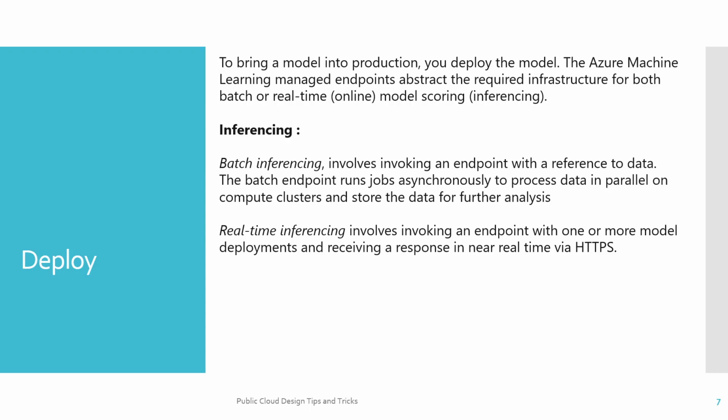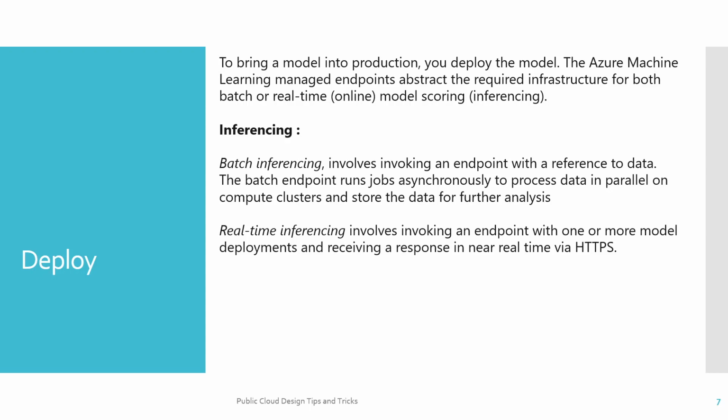That is also called inferencing, where you enrich the model by providing other datasets to get the necessary output. Based on the technique you are using, it's either batch or real time. So that's called batch inferencing and real-time inferencing.